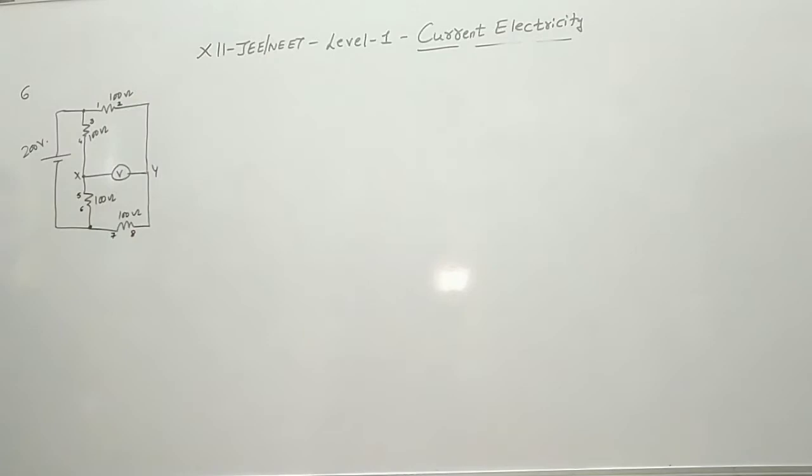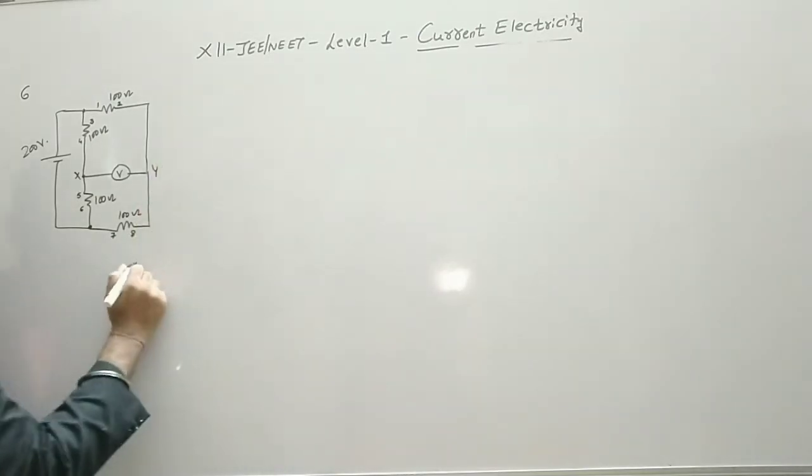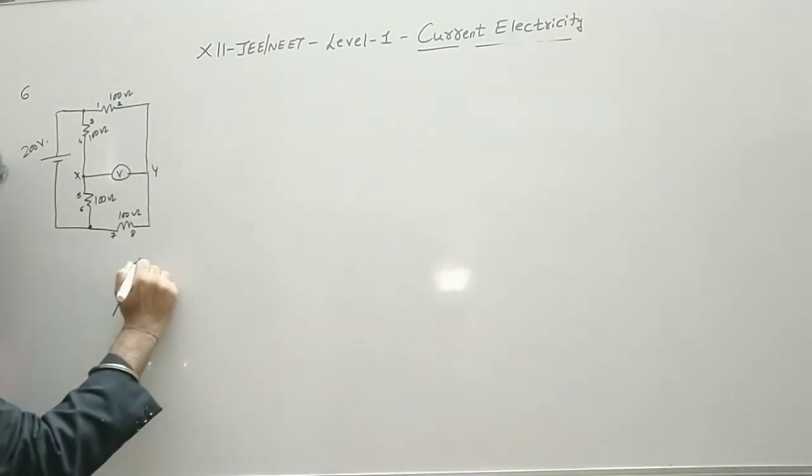So we have 4 resistances. Now generally, 5 resistances, 5 capacitors, 6 resistances, 6 capacitors, or 4 resistances, 4 capacitors form the structure of a Wheatstone bridge. We know the structure of the Wheatstone bridge, so we can draw this structure first.